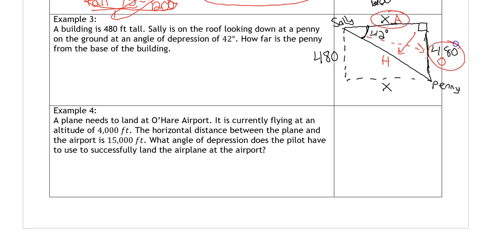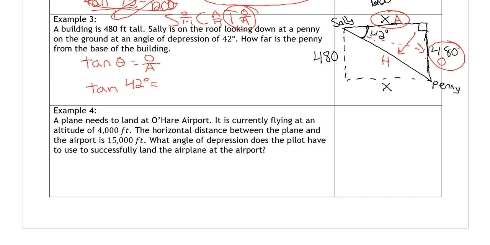So I'm using O and A, again using SOHCAHTOA. O and A is tangent. So tangent of theta equals opposite over adjacent. Tangent of my angle is 42 degrees.